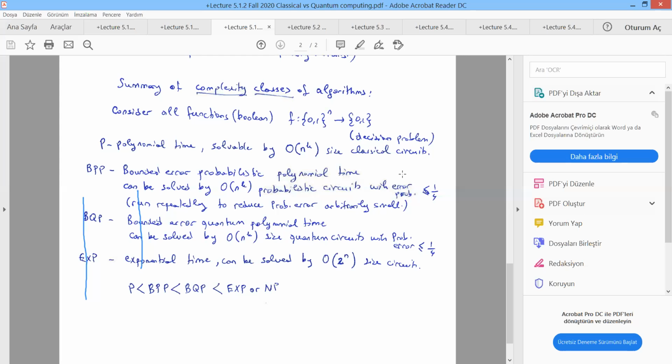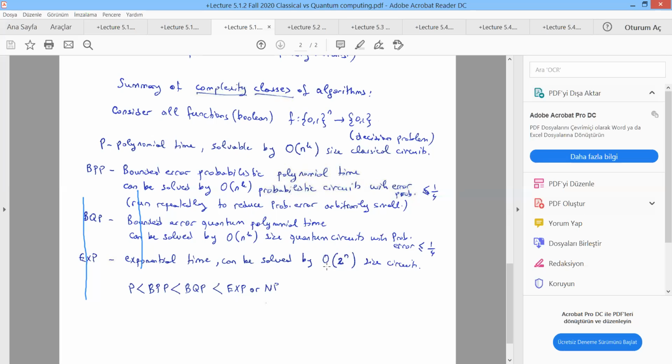The larger class, another class, is the exponential or NP class of algorithms. These algorithms have exponential time complexity. In other words, the size of the circuit that you need to build scales exponentially with n, order 2 to the n. Instead of polynomial, if it were n to the 2 or n to the k, k an integer, that would be polynomial time complexity.